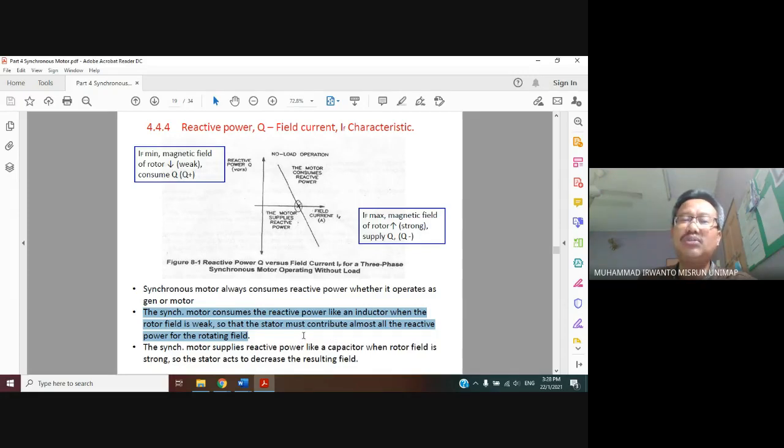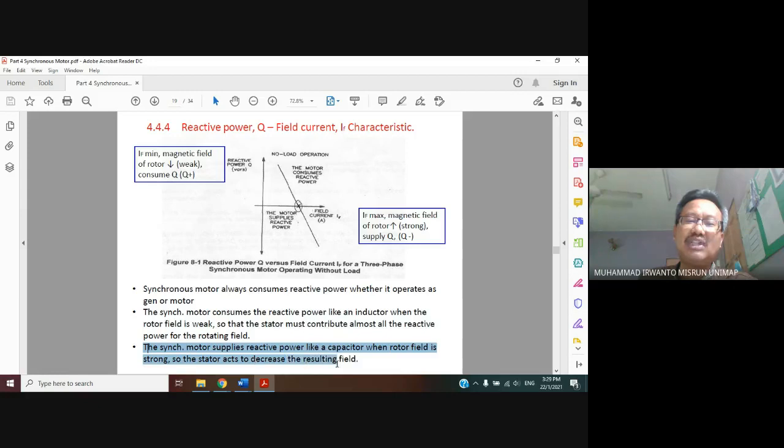Here the motor consumes reactive power. Both conditions can occur when the motor operates, and then the supply condition means it supplies reactive power.